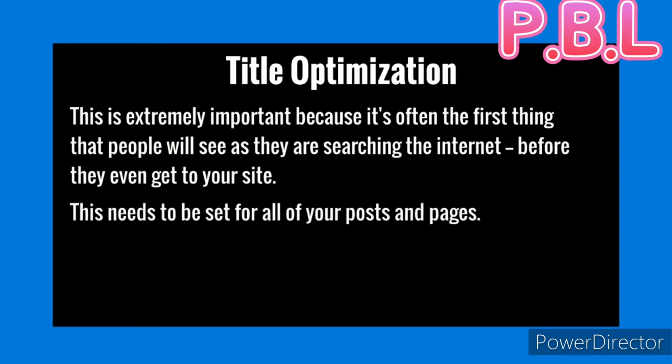You're going to want to make sure that you're ranking on the keyword that is in the title. And then, of course, when they get to the page, you want to make sure that the content fits the title. So you want to be congruent all the way. The more you're congruent, the more they're going to get what they typed in. They're going to trust you, and then they're likely to take action. So this needs to be set for all of your posts or pages.